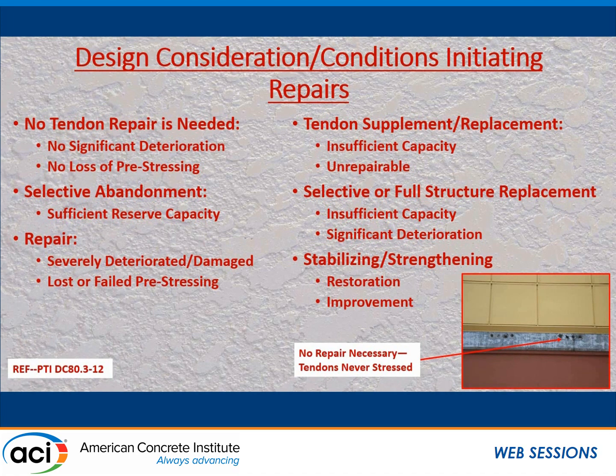No tendon repair is needed if there's no significant deterioration of the pre-stressing. That makes perfect sense. If it isn't broke, why fix it? But this is all about going in and investigating and understanding what the problem is. In repair, as in life, we have to understand the problem before we can remedy it.